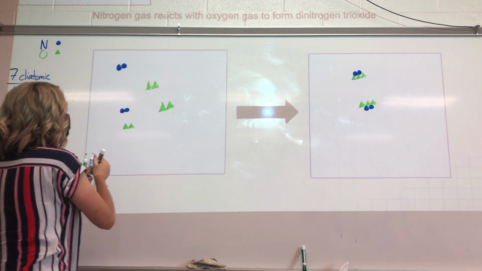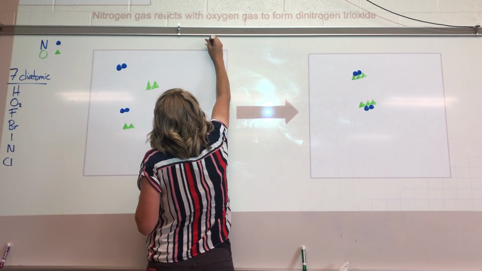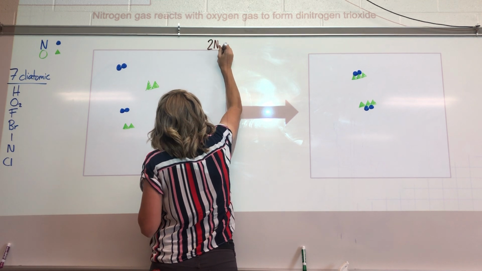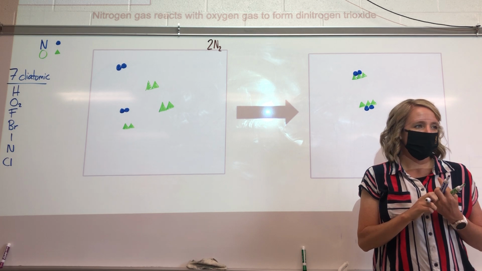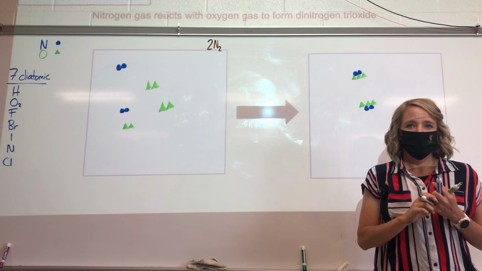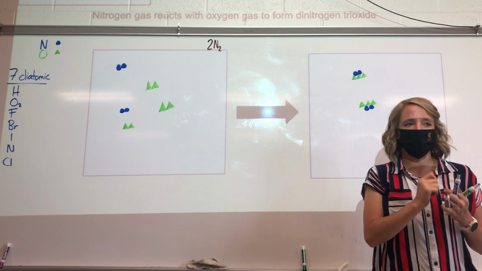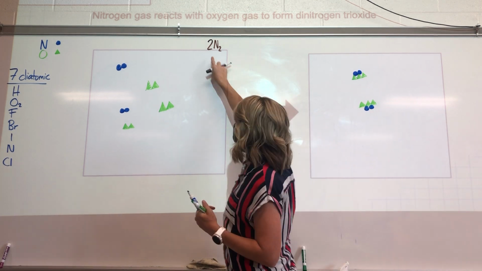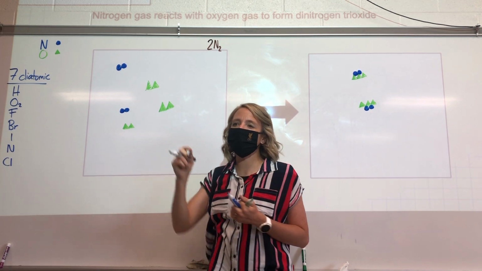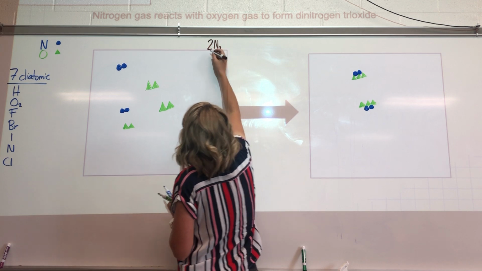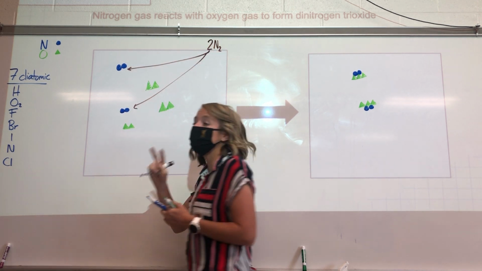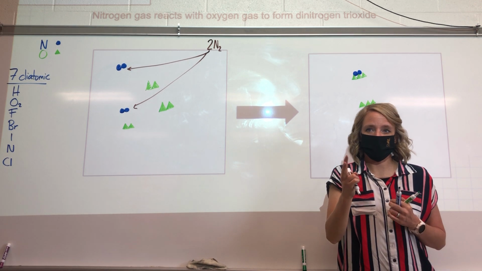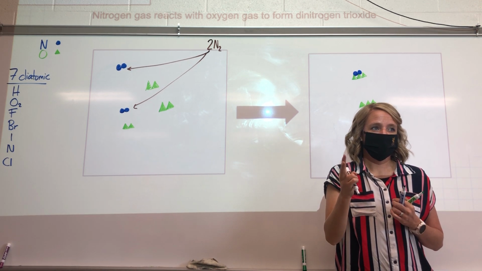Okay, so I have two N2 molecules. Now these numbers are very important in what they represent. The big number in front is known as a coefficient. This tells you you have two separate things.